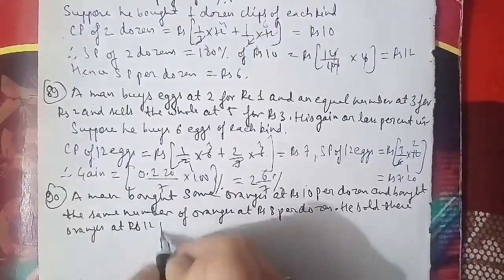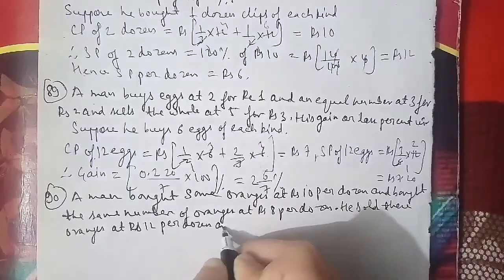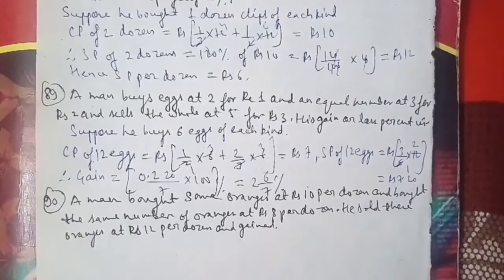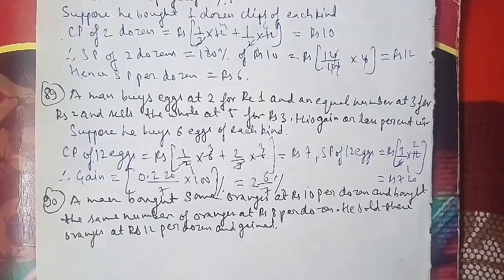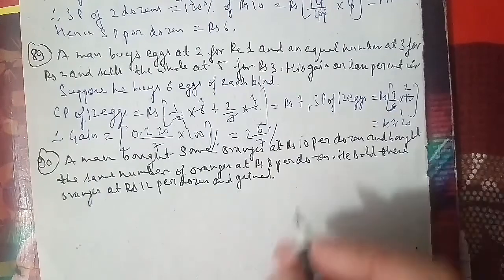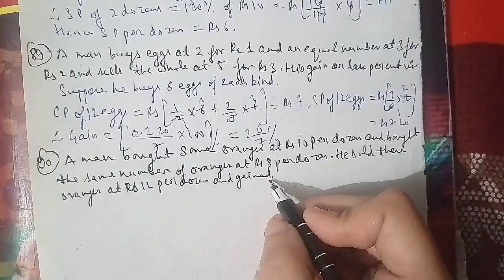The total number of oranges bought by him was, with options 30 dozen, 40 dozen, 50 dozen, and 60 dozen. We'll go ahead for the same.